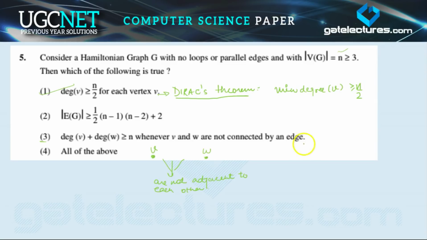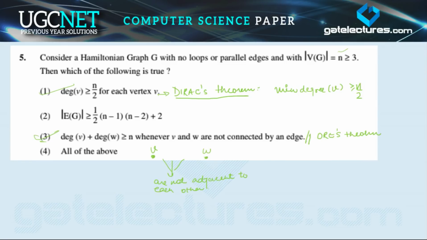So according to Ore's theorem, right? According to Ore's theorem, if we see the degree of any two non-adjacent vertices, and we take the sum of these two, then it will be greater than or equal to the number of vertices in the graph. Yes, Ore's theorem states this condition, right?